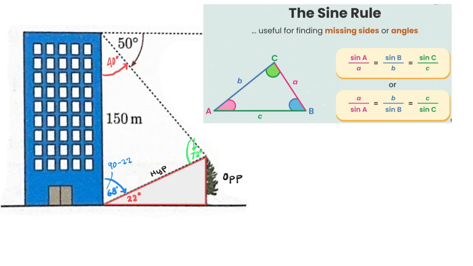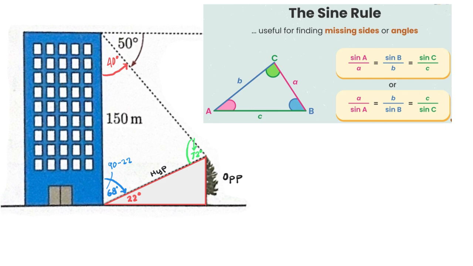The sine rule is useful for finding missing sides or angles, and you'll notice that the sine rule is such that the angle is associated with the side opposite that angle. So the pink angle is associated with the pink side, the blue side is associated with the blue angle, and the green side is associated with the green angle.